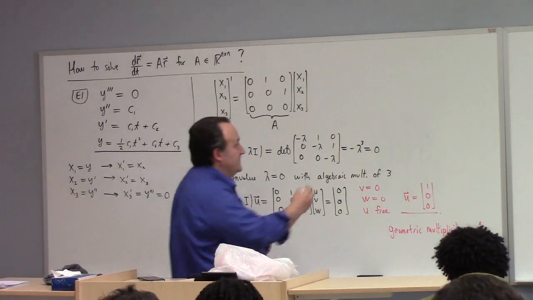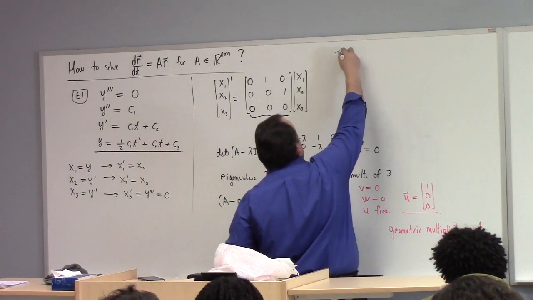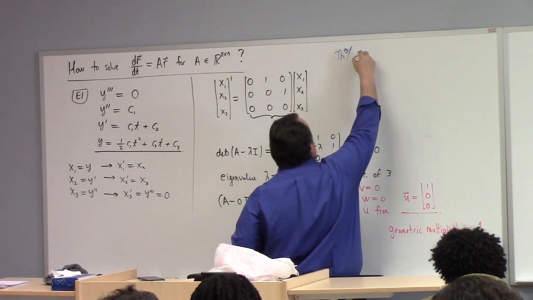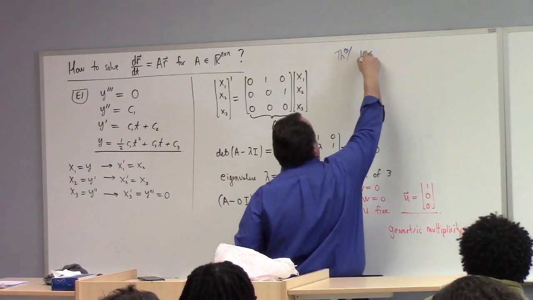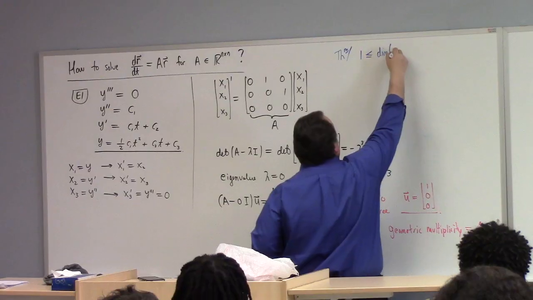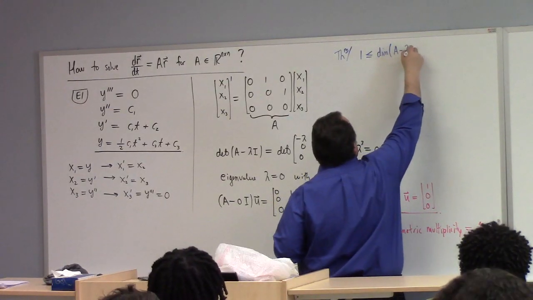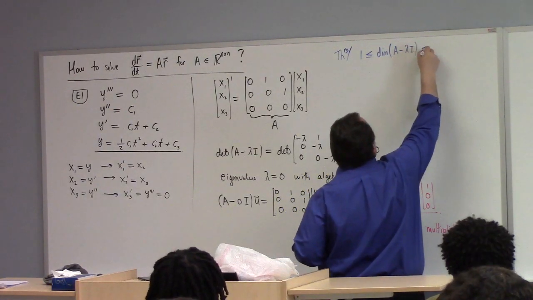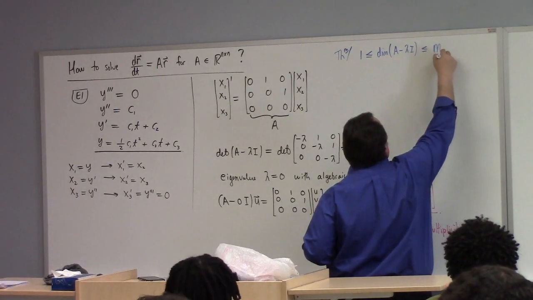The theory says the following. There's a theorem that says that 1 is less than or equal to the dimension of A minus lambda I, which is less than or equal to m sub lambda.